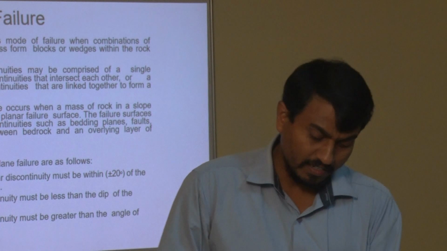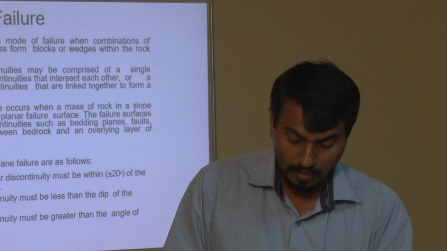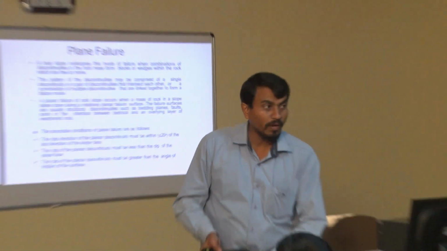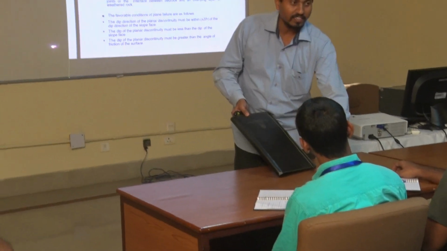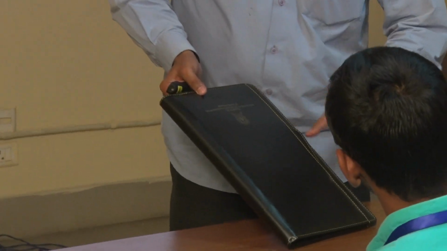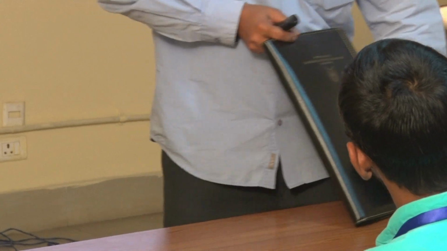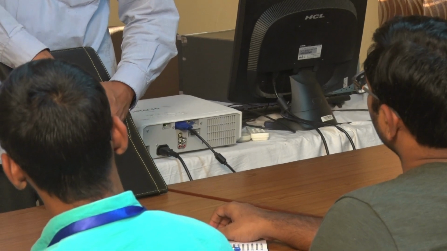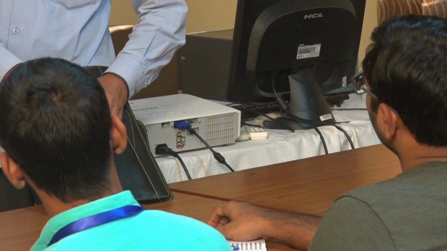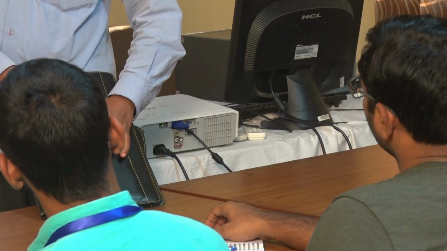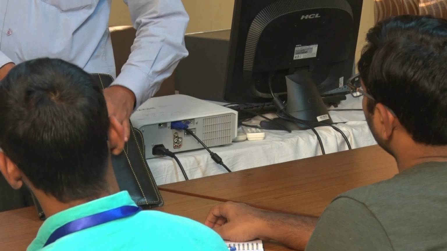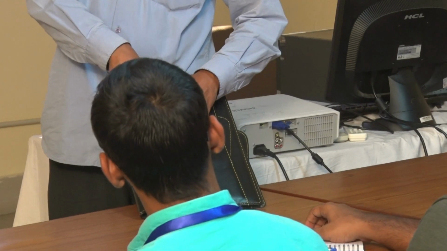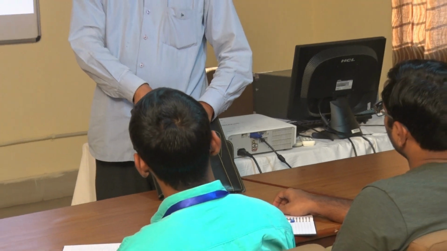In a plane failure, when I am telling that one plane will move along another plane, it is just moving. Here in the plane failure condition, there is a condition that there will be some release surface, because this is also a block, so it will move along a release surface. So this release surface will not offer any resistance.